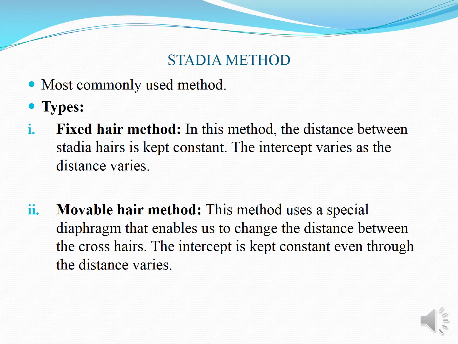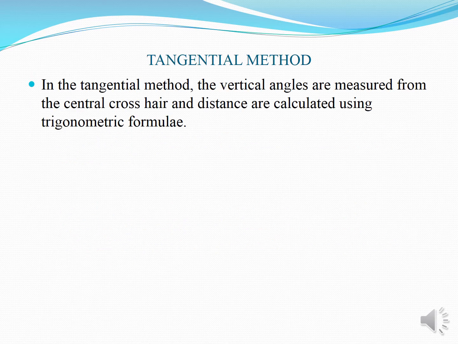And the movable hair method generally uses a special diaphragm that enables us to change the distance between the crosshairs, hence movable hair, and the intercept is kept constant even though the distance varies. Whenever the distance changes, the intercept is kept constant. This is the movable hair method.